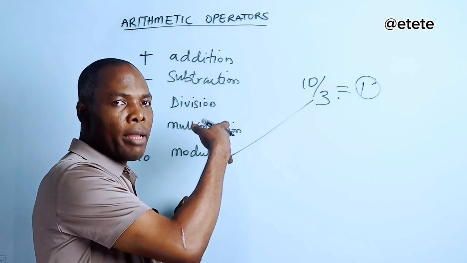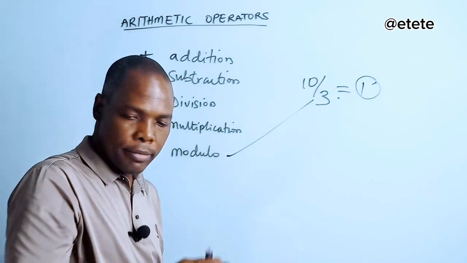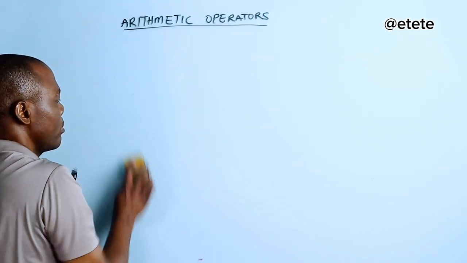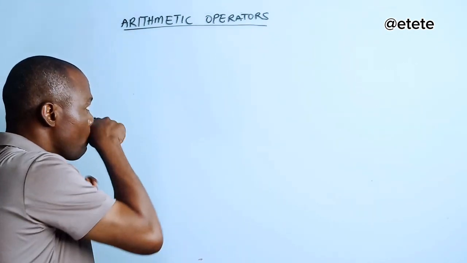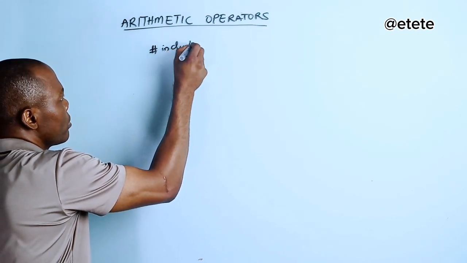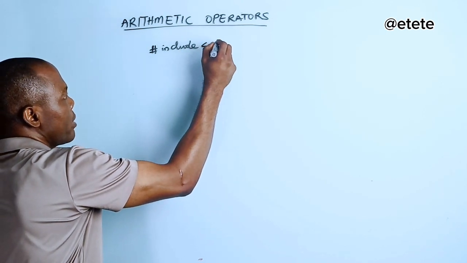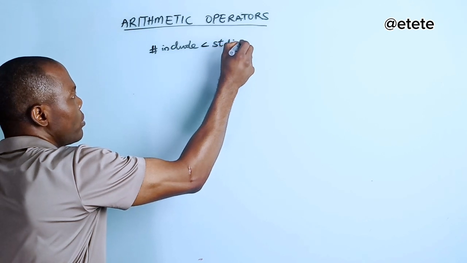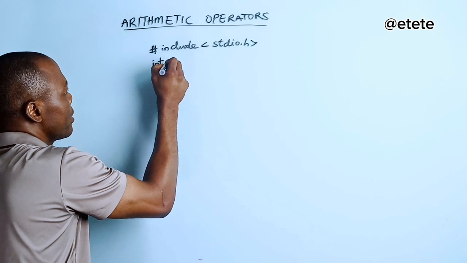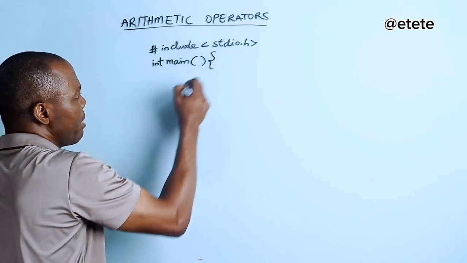So now I'm going to write a program, and then I'm going to introduce these arithmetic operators into the program. I will just say include angle bracket stdio.h, and then here I will say int main, the main function where everything will take place, and then my curly bracket.